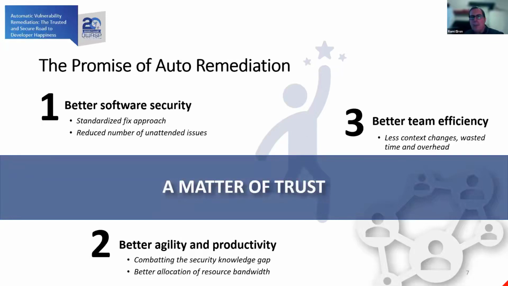Trust is an important thing because developers, even though the promise of auto remediation is alluring, it is enticing, developers, let's be frank, might not necessarily accept that easily, let alone countenance it, let alone endorse it. And the reason is because there is a trust barrier.